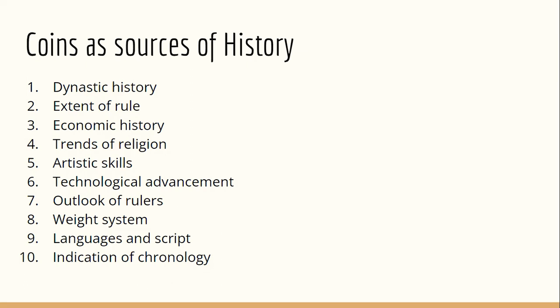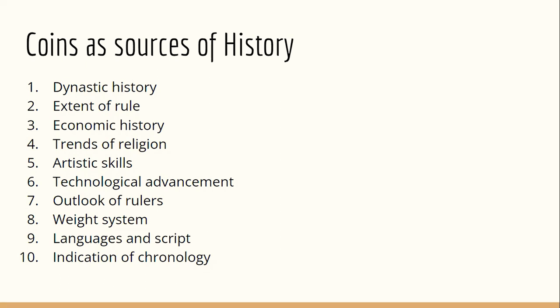Then the next thing which we can come to know from the coins are the trends of religion. Coins depict many religious symbols, so that helps us to know about the religion of the issuing dynasty. For example, Kushan coins contain not only Indian deities, but they also include Mesopotamian and Sumerian deities.